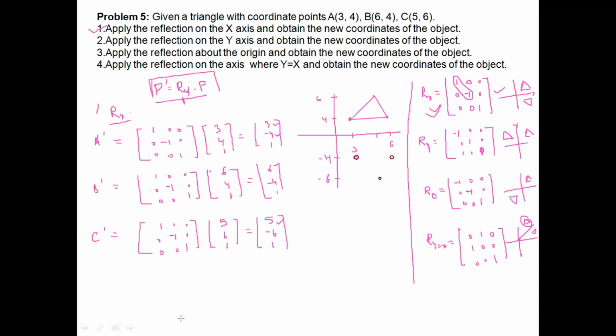Now we can draw lines to form a triangle. Here you can see the reflection has taken place about x-axis. Effectively, it is a rotation about 180 degrees.